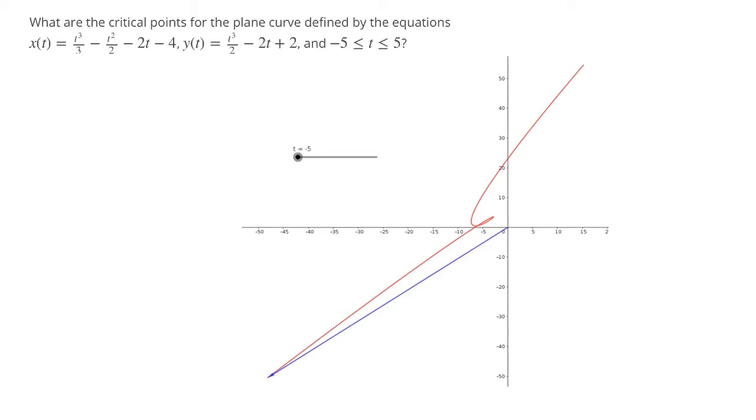As we play that video, we get an idea of the orientation that curve is going to have as we trace out the entire domain. And what we're looking for in this particular problem is to find the critical points for that curve.